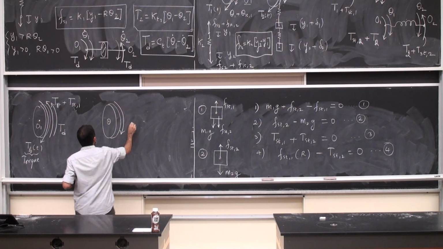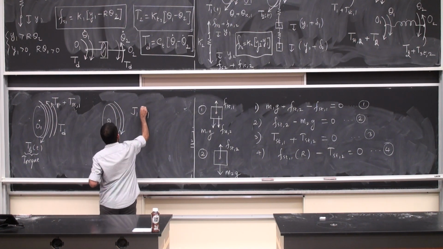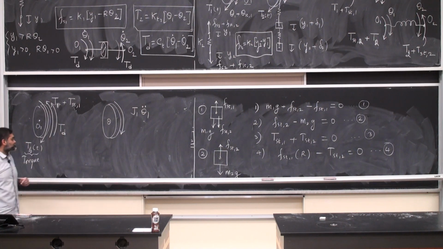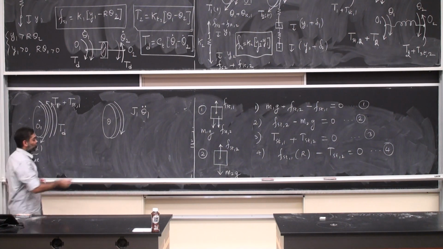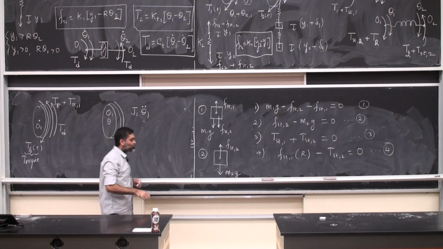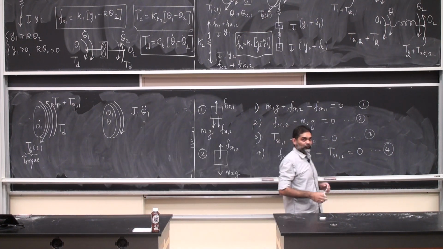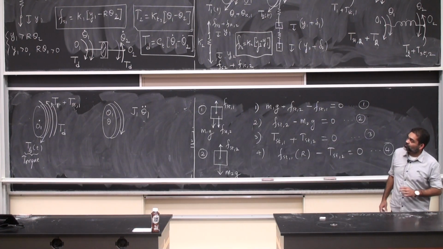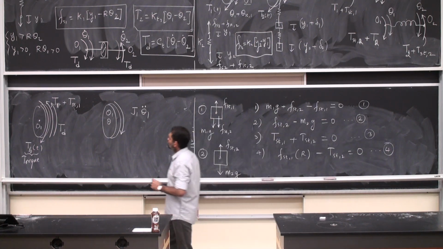This is J1, theta 1 double dot. All right. Sum of moments about the point O1 will give me the equation of motion. I have one more torque that is missing.